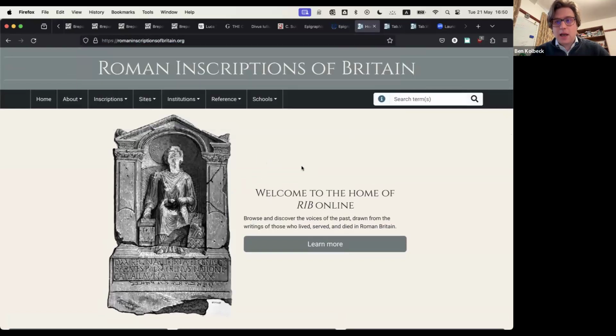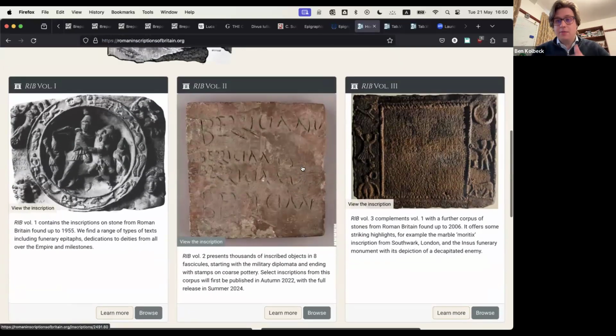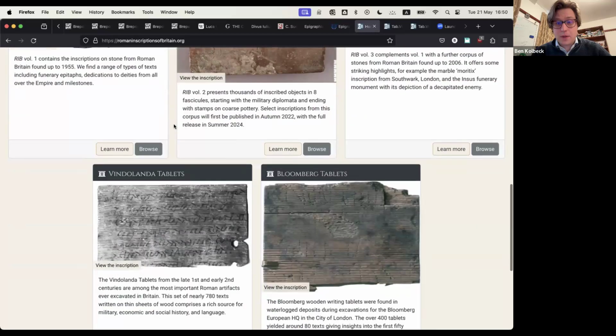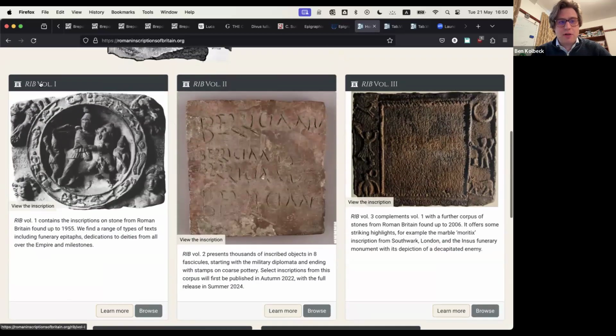of Britain. And Roman Inscriptions of Britain is, as you would imagine, a compendium of all the inscriptions from Roman Britain, which started out decades ago as enormous printed volumes, but has now all been digitized on this website, and it has everything from Volume 1, which is all the inscriptions on stone, and then Volumes 2 and 3, which are on different materials.